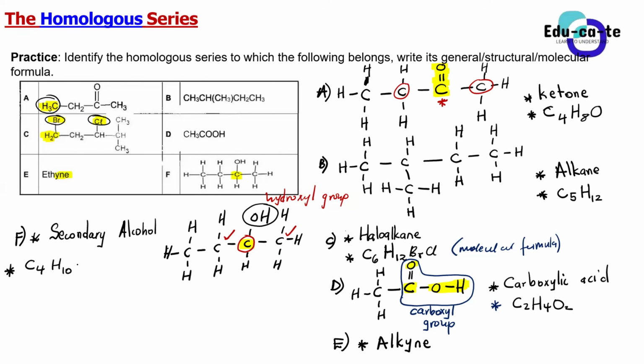No, say an O. You mention all the atoms that are present: C4, H10, and O. How else can you write it, guys? What is the other notation that you can use besides this one? This one is correct as well. It's still the correct molecular formula. What is the other one that you can use?